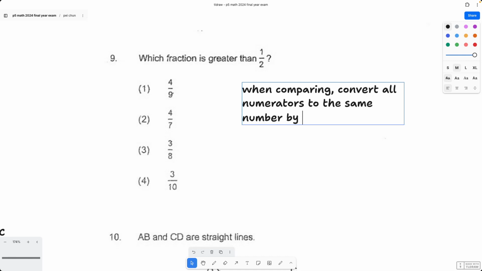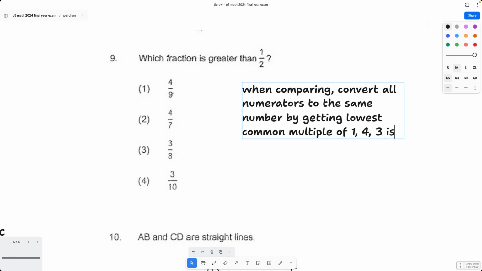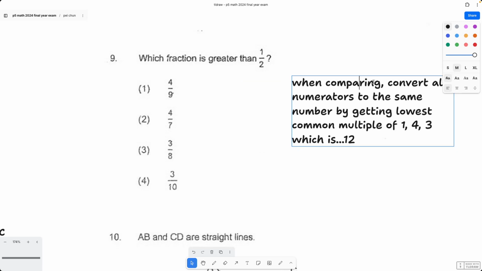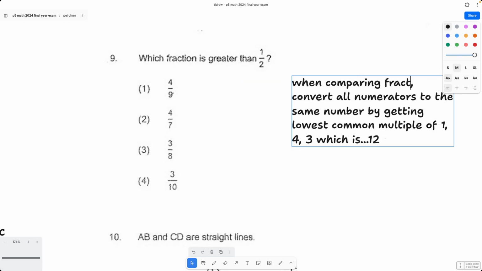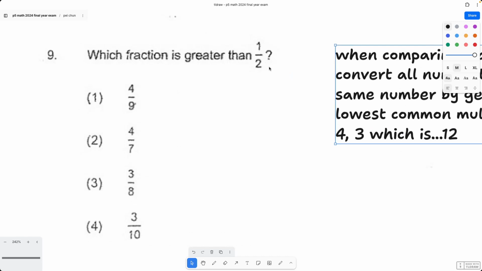So by getting the lowest common multiple of 1, 4 and 3, which is 12. Okay, so we're comparing fractions. Convert all numerators.